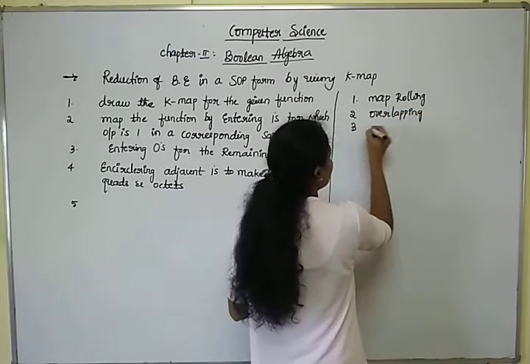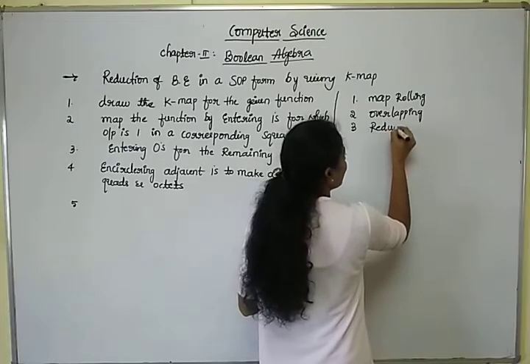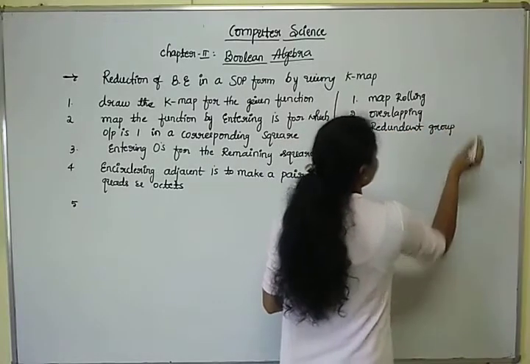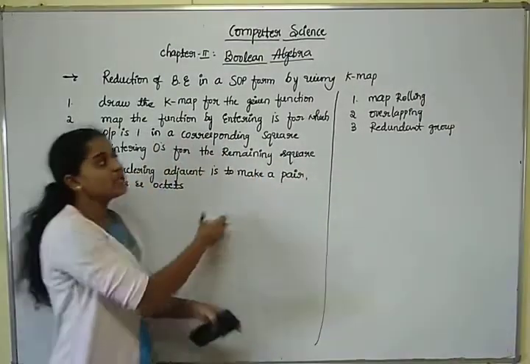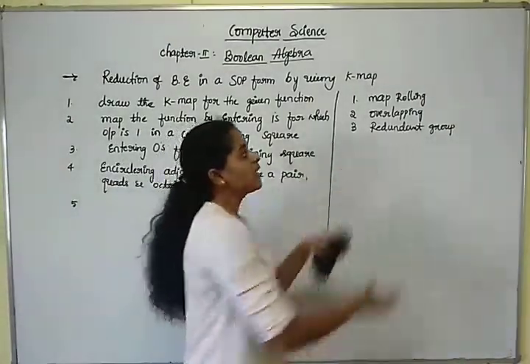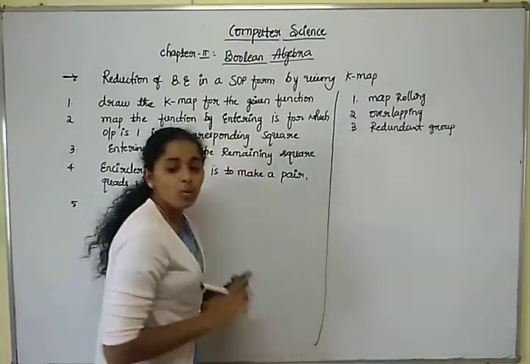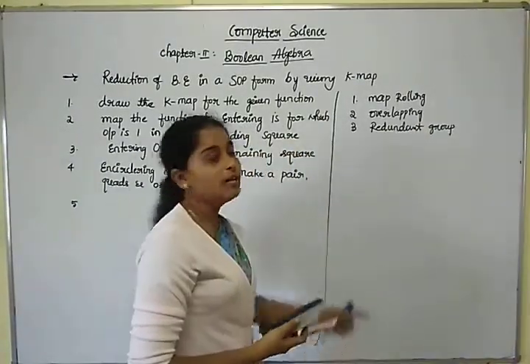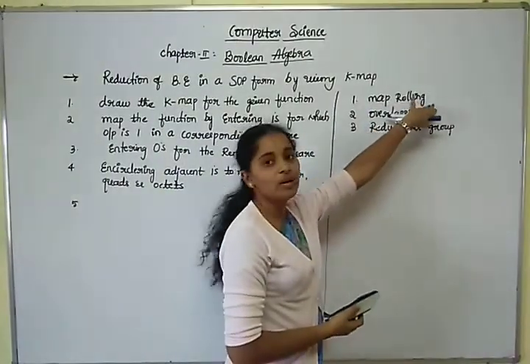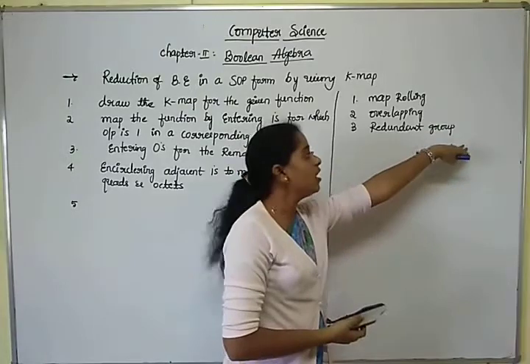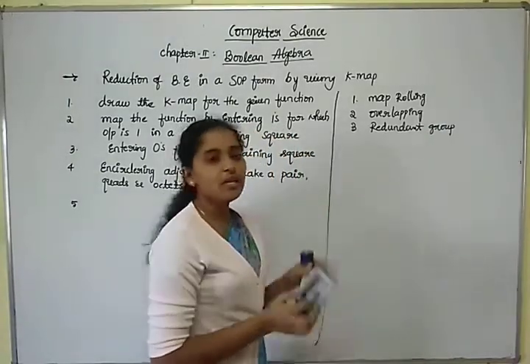The third one is redundant group. After making the pairs, quads, and octets, we have to concentrate on map rolling, overlapping, and redundant groups. So in this class, let us learn how to roll the map, how to do the overlapping, and how to remove the redundant group in a given expression.